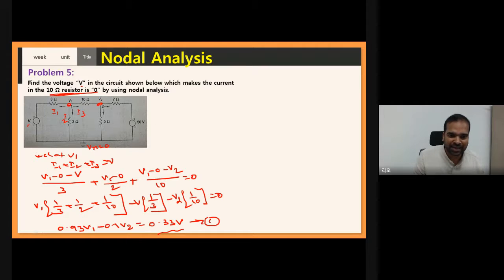Now if you apply KCL at node V2, before applying it we need to consider that current is leaving. Therefore, this is I4, this is I5, and this is I6. If I apply KCL at V2, you can write I4 plus I5 plus I6 equals 0. I4 means V2 with reference to 0 minus V1, by 10.